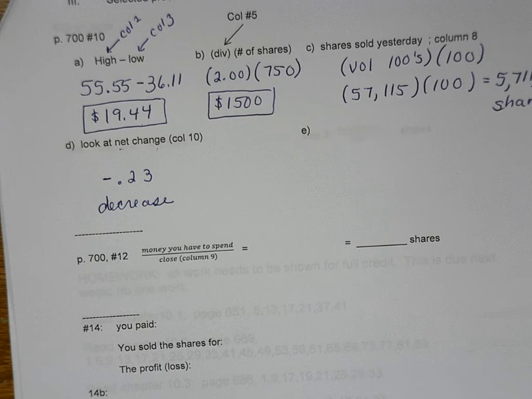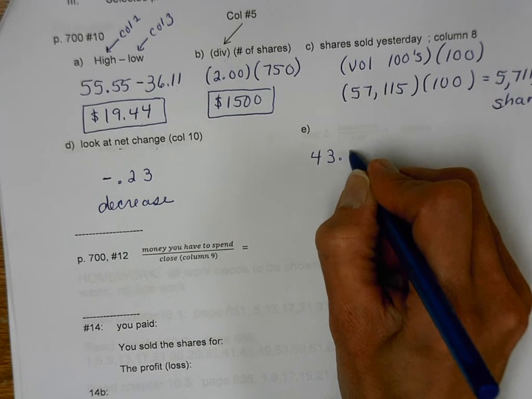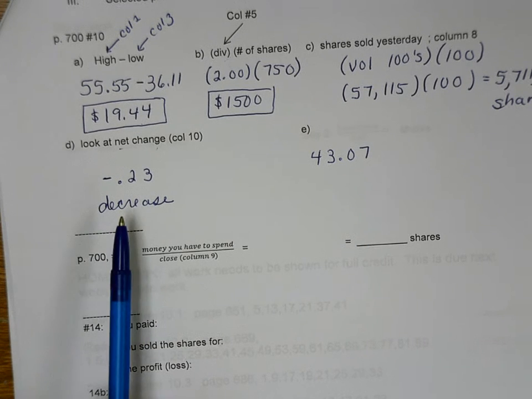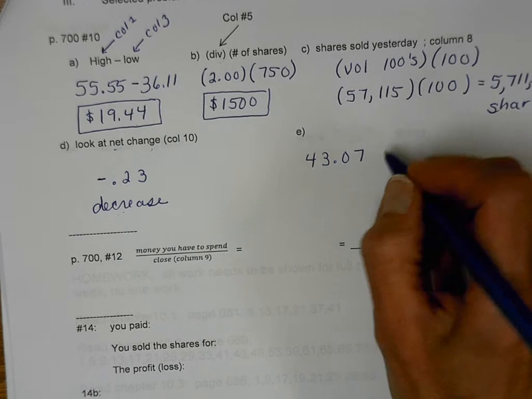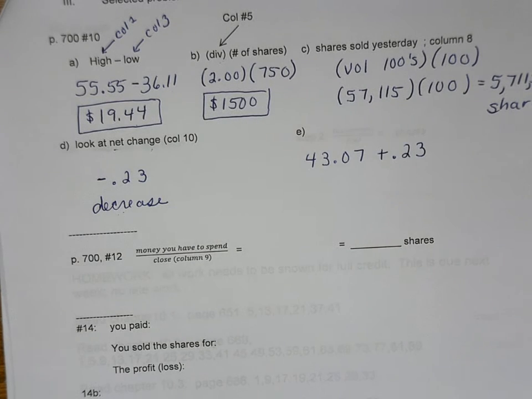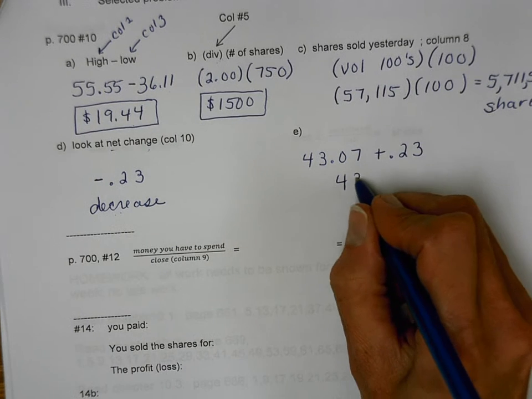And look at the GM row, and do you see how it closed at $43.07? But we know there was a decrease in the day. So what we have to do is add 23 cents to find out what it was. So we actually had $43.30.